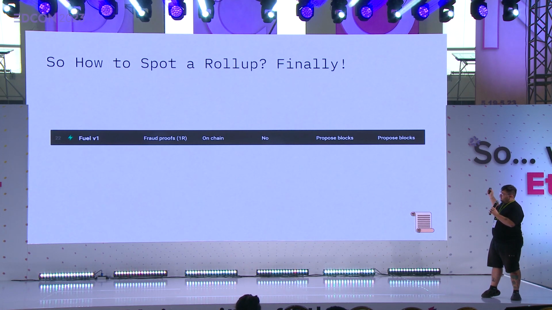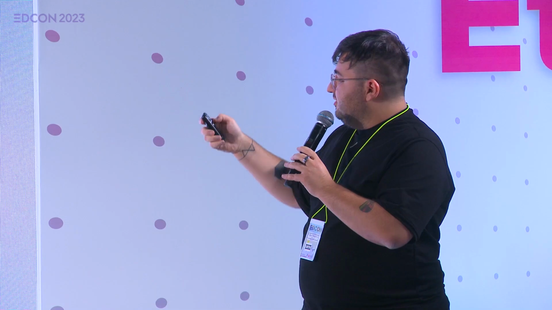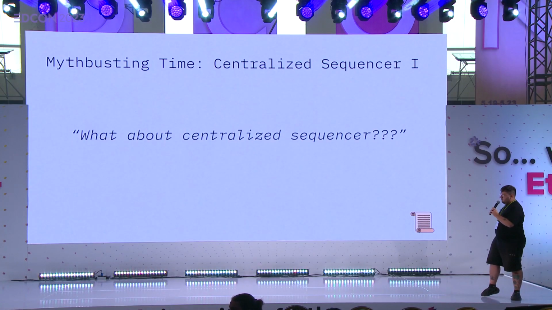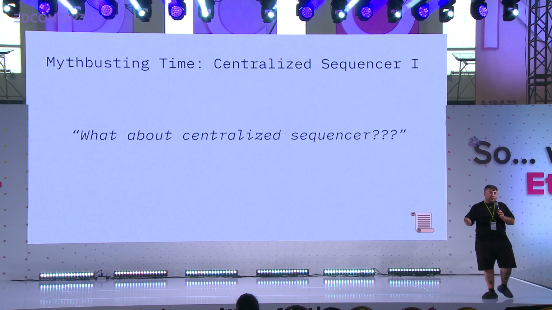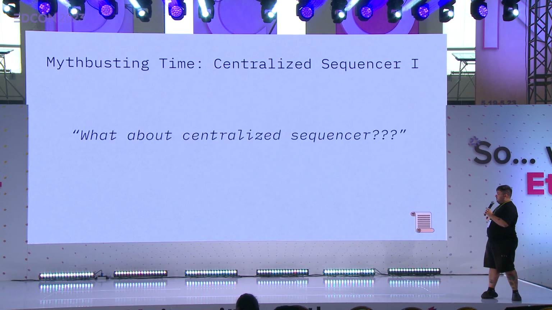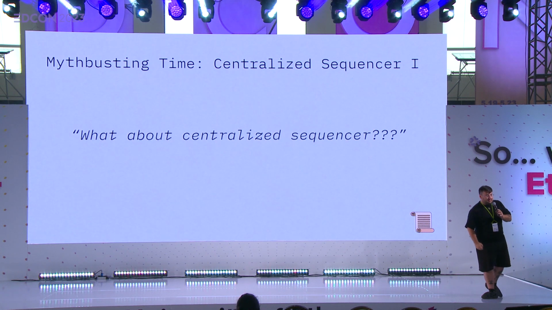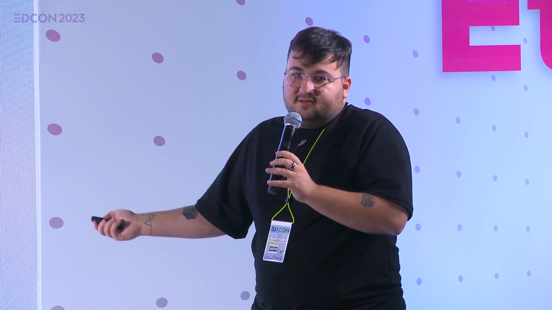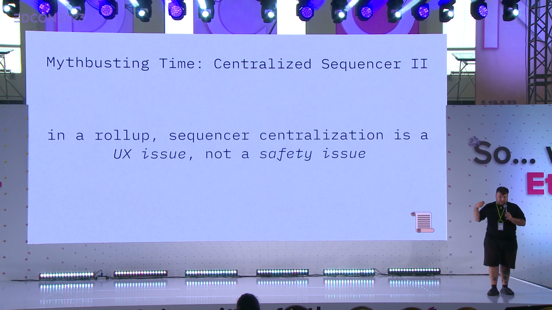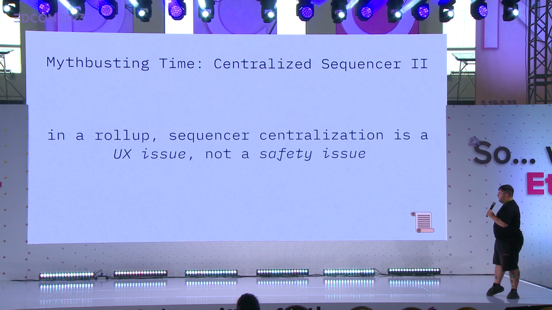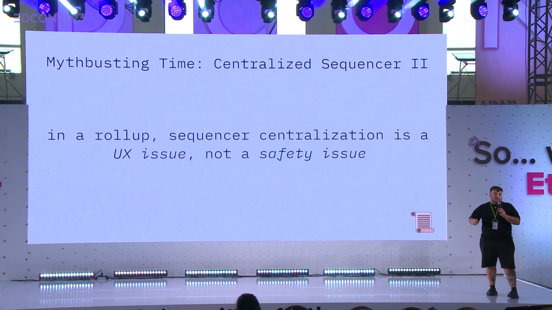And a bit of a side quest here, we're also going to bust some myths. You noticed how I never mentioned centralization when defining what a rollup is. And you might rightfully ask, but what about centralized sequencers? In reality, a centralized sequencer is a UX problem in a rollup. It's not a safety problem. Because the underlying base layer provides us with the guarantees of correctness, we don't really rely on the sequencer for that.